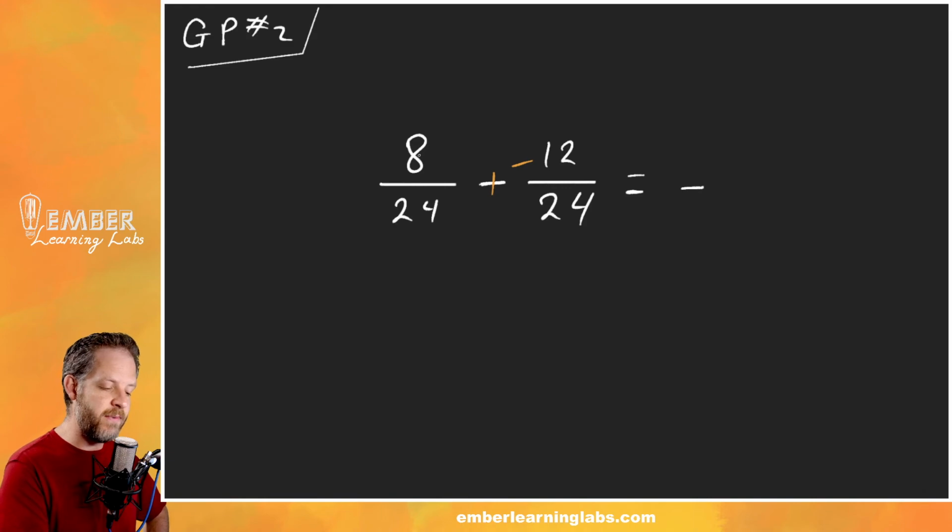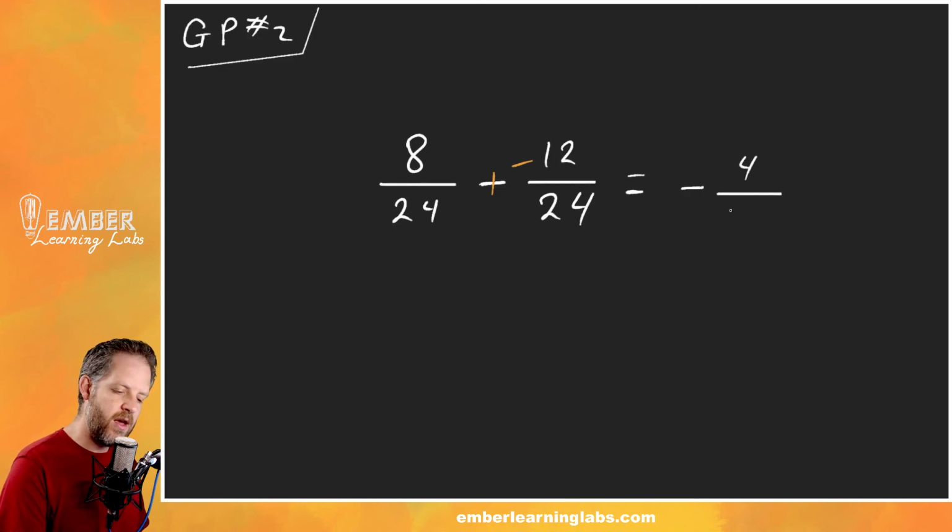Now 12 minus 8 is 4. And we have 24 in the denominator. Now this one again could be reduced, right? We could reduce the top and bottom, divide the top by 4 and the bottom by 4. And we end up with negative 1/6.